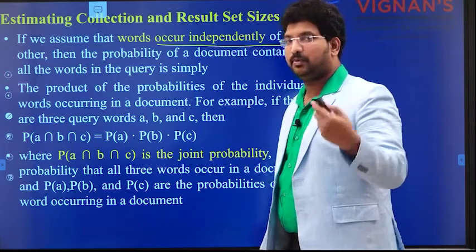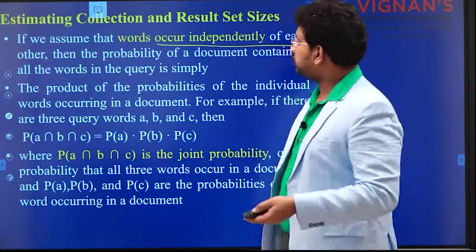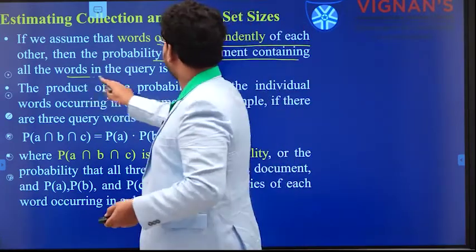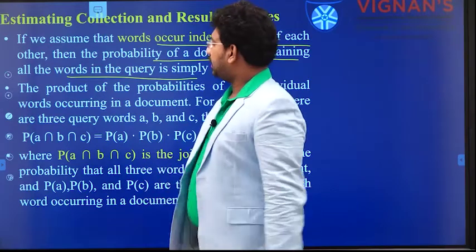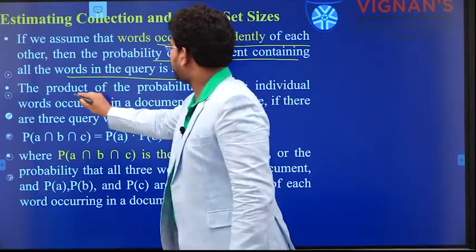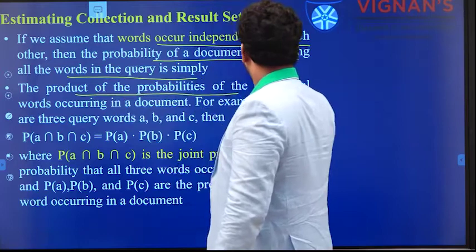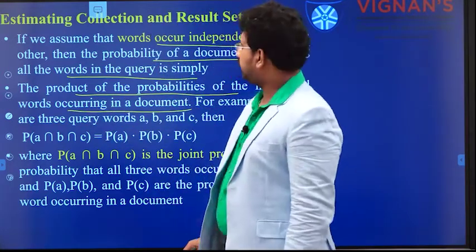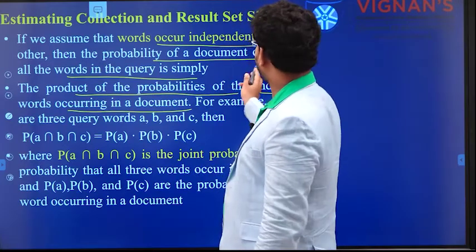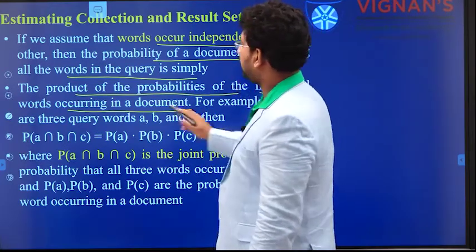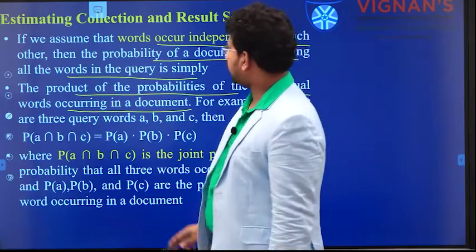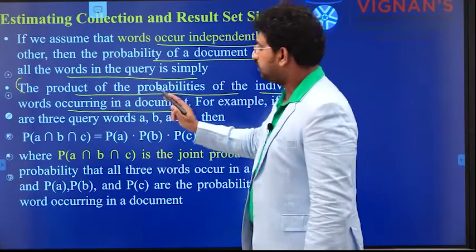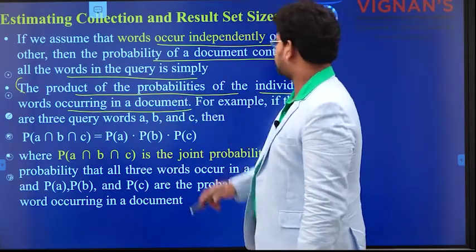Then the probability of a document containing all the words in the query is simply the product of the probabilities of the individual words occurring in a document.